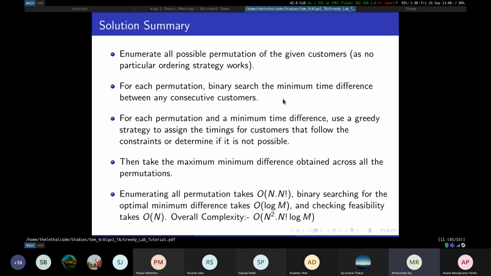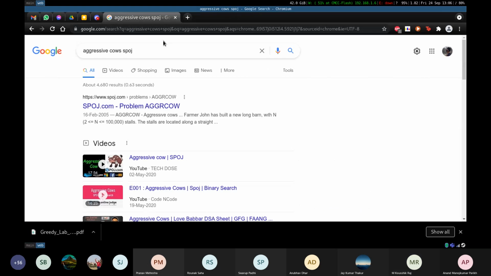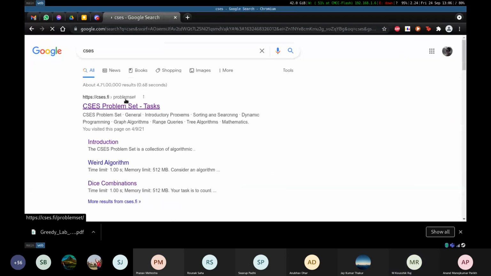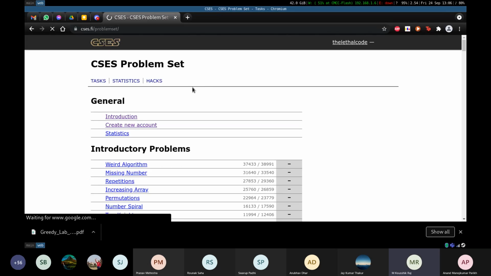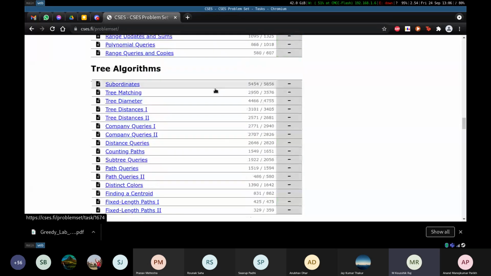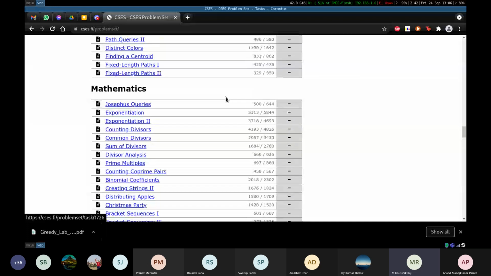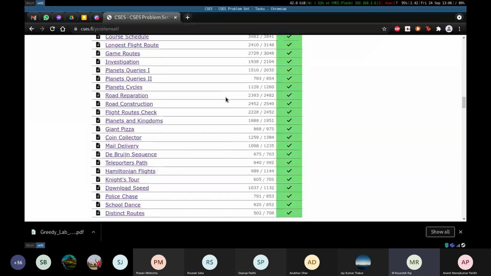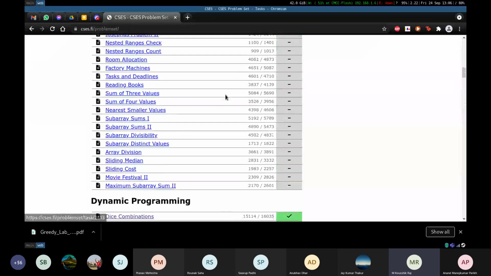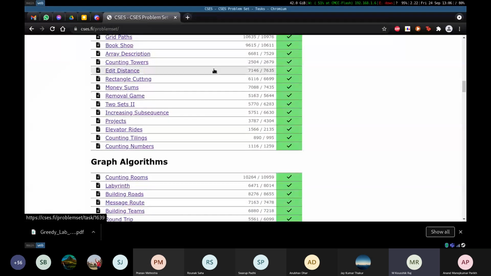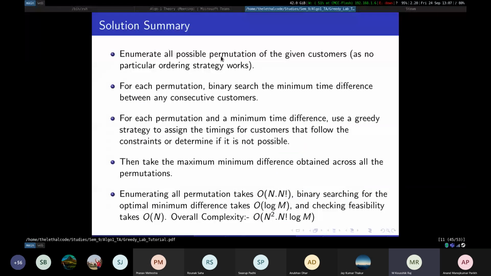I wouldn't say that it has problems on all topics, but it has quite a lot of topics. There are over 400 problems here. Some of them are advanced topics, but there are basics as well, like tree algorithms, graph algorithms, then DP, sorting, searching, strings. You can check them out. It's quite a good site.